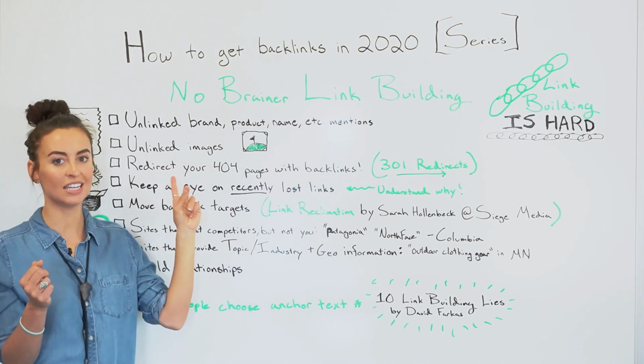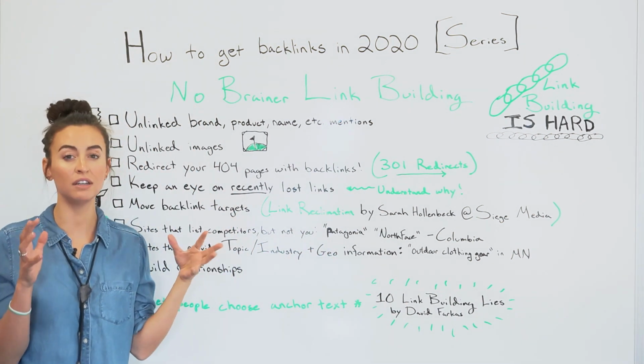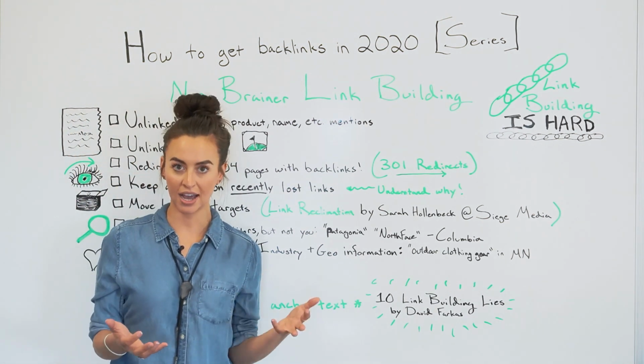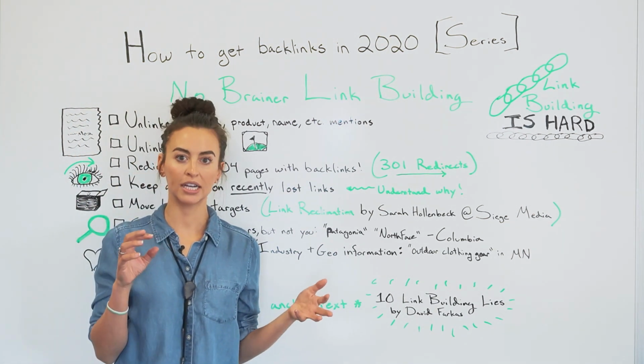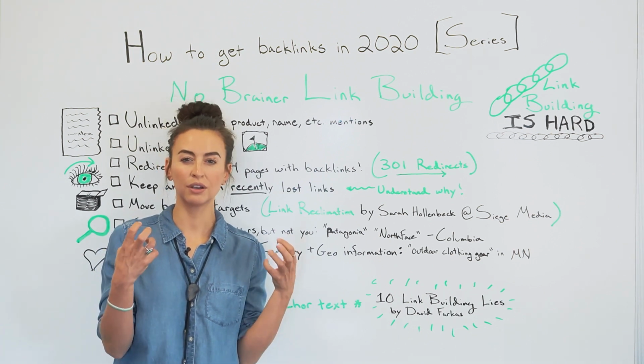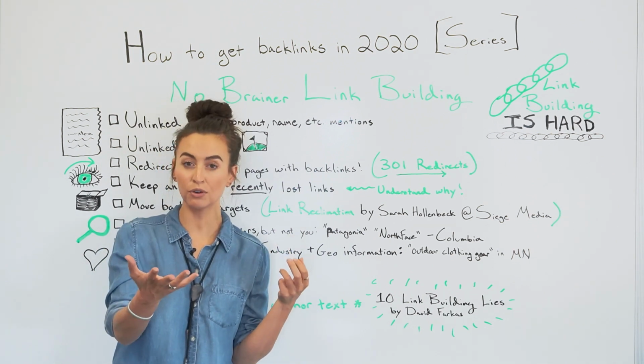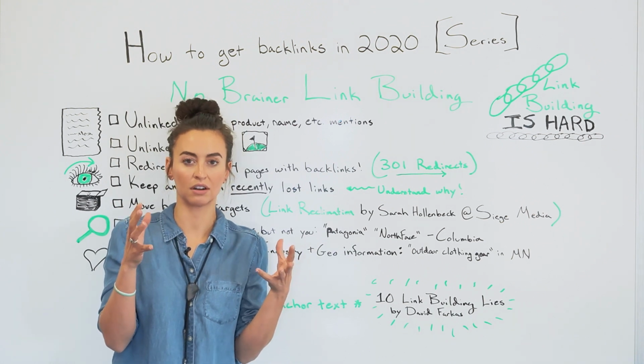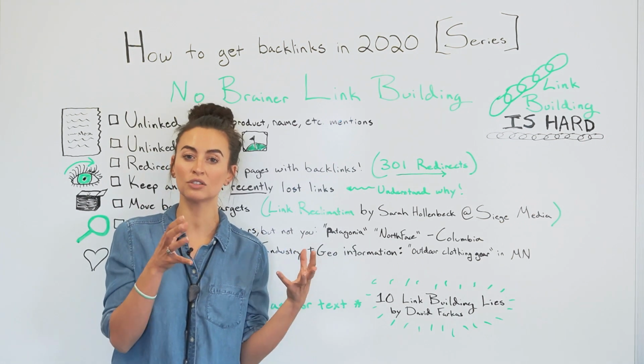So is unlinked images. This is a gold mine if you're working with a website that has a lot of proprietary images or really great graphic design. Maybe you have infographics or some things that are special to the brand or the domain.